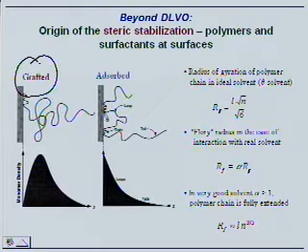Some of it will be on the wall, some of it is going to be tailing away from the wall. These two cases, from the viewpoint of repulsion and physics, are not quite the same, because you can see that the density of the grafted polymer is going to be larger some distance away from the wall, and the density of the adsorbed polymer is going to be larger at the wall itself.